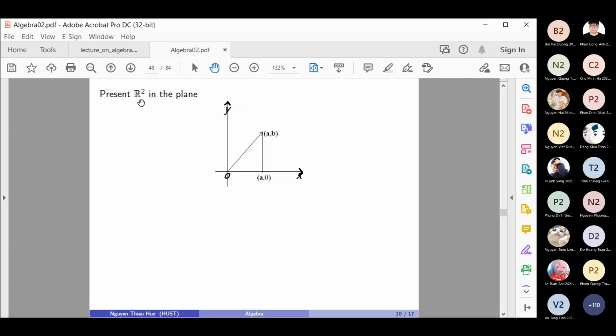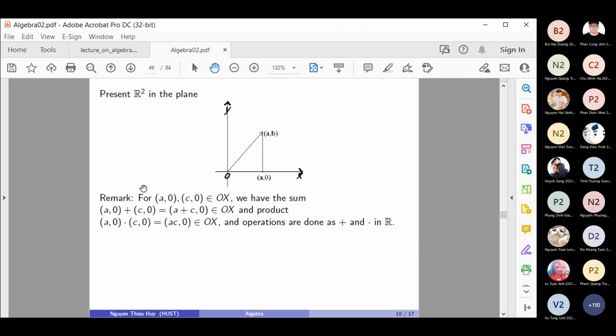An element of R squared has two components, A and B, but minus 1 is only one element. How can we identify this element of two components with the other element of only one component? It seems impossible, but impossible means that I am possible. So I try to do it this way.